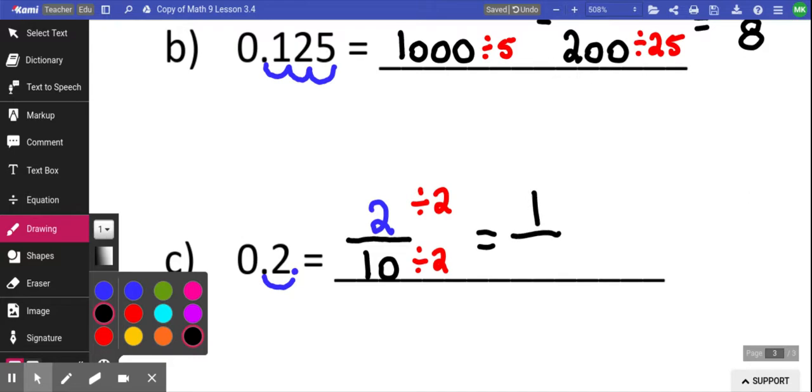Gives me an answer of 1/5. Again, you might just know 0.2 is 1/5, and that's fine. But if you don't, that's how you can convert it and then reduce it.